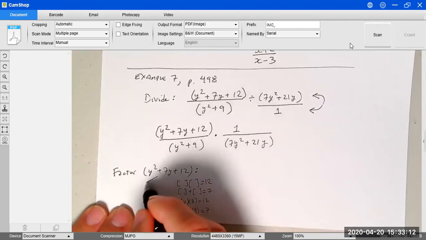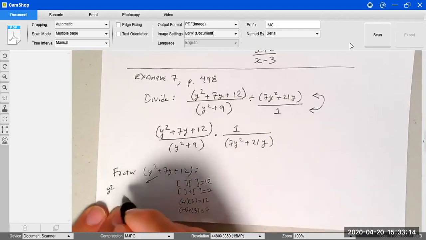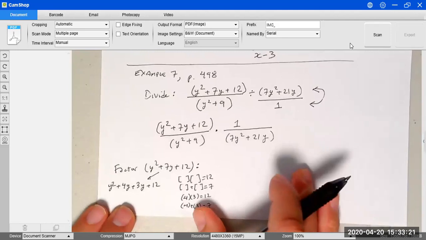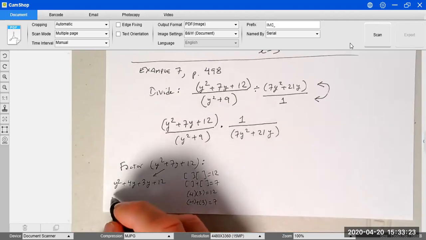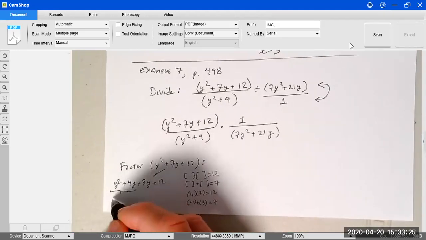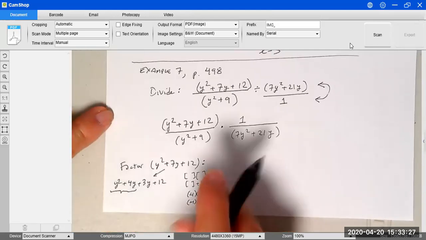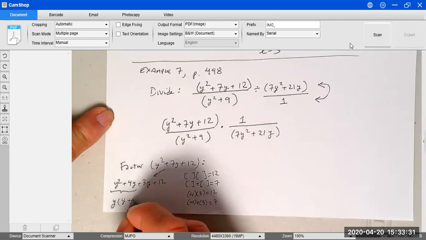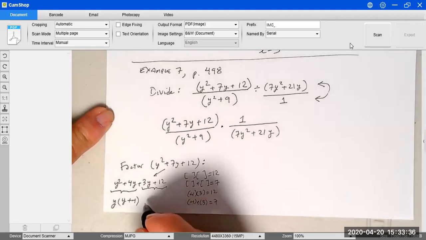So you're gonna rewrite this as y squared plus 4y plus 3y plus 12. Then you're gonna get your greatest common factor from the first group. So it's gonna be just y that multiplies y plus 4. Then the greatest common factor for the second group is just 3 that multiplies y plus 4.